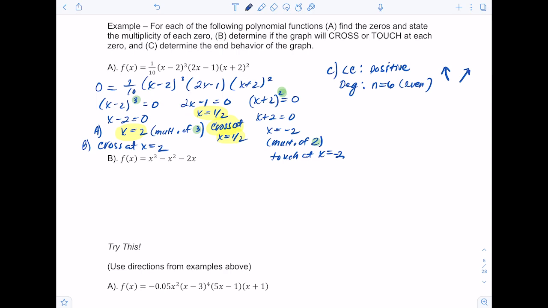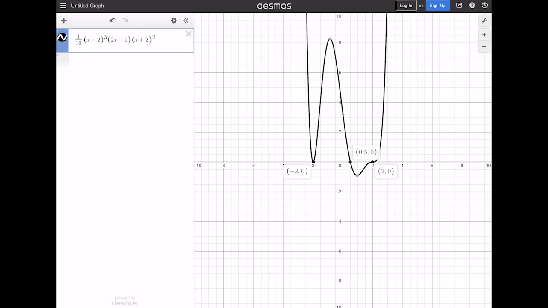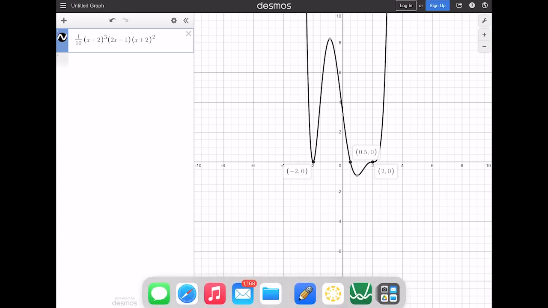So when I write my end behavior, I'm going to express it like this. I'm going to talk about the limit as x approaches positive infinity of f of x. So that just means on the x-axis, if we look at the graph, if we were to go towards positive infinity on the x-axis, what is the graph doing on that end? Well, on the right side, it's pointing up. So f of x is always going to approach positive infinity.